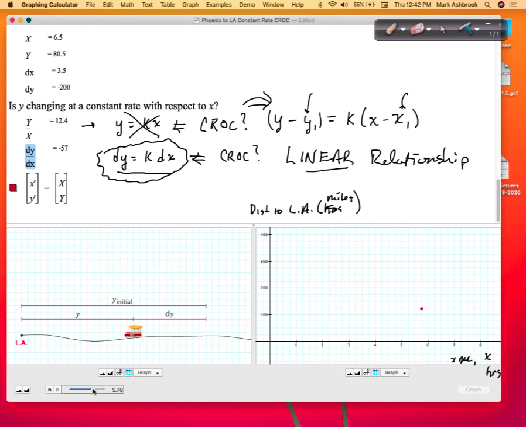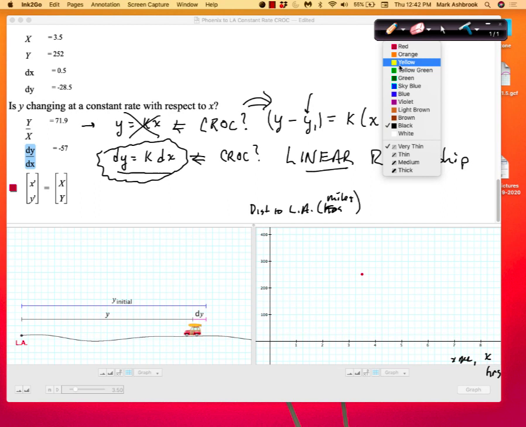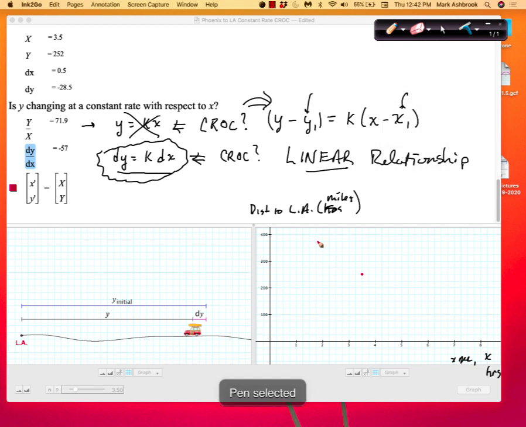We're going to start with some initial point. Make it easy: 3.5 and 252. So the initial point is 3.5 hours and 252 miles.